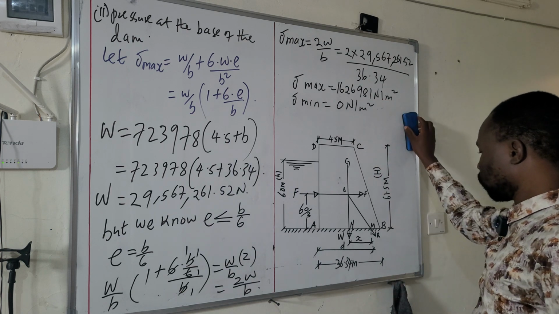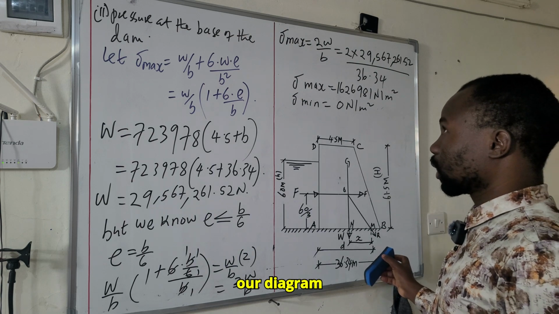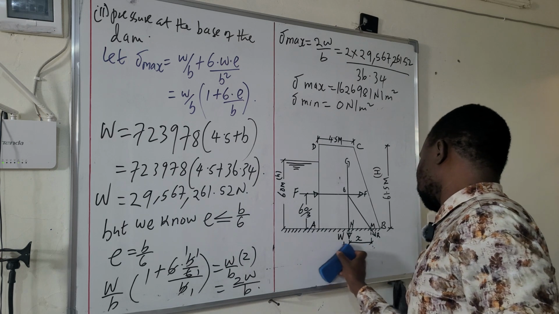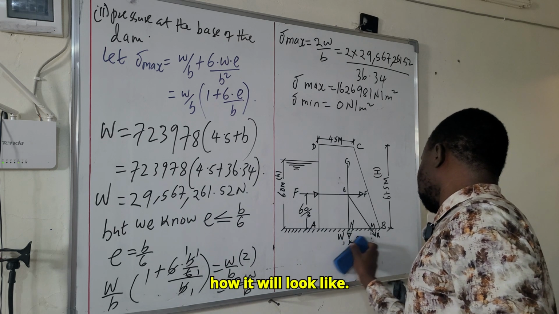So if we draw our diagram, pressure at the base of the dam, this is how it will look like.